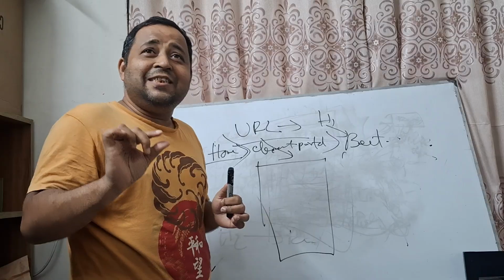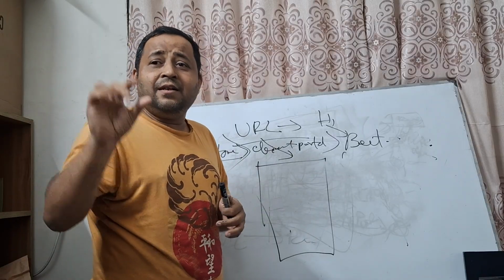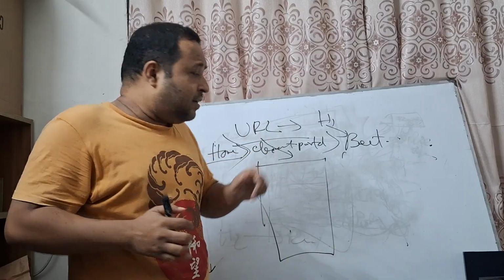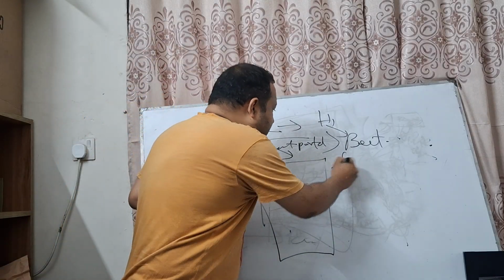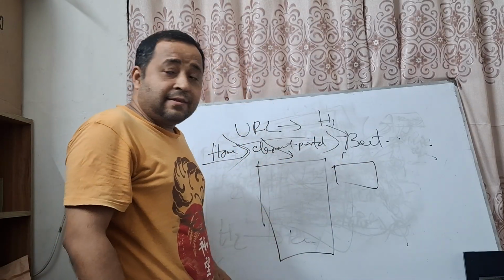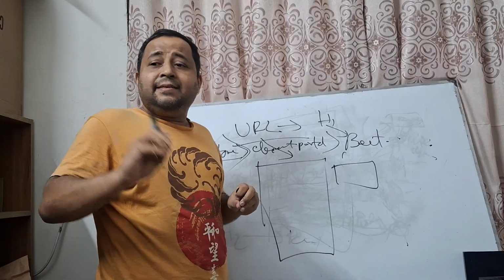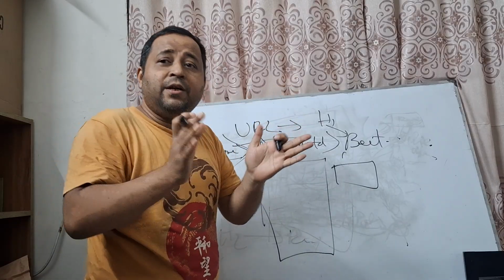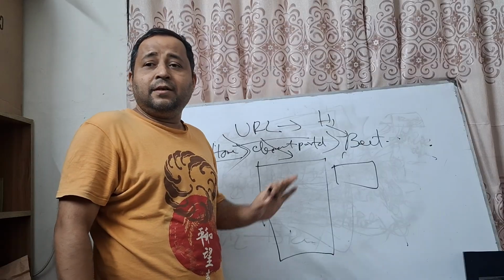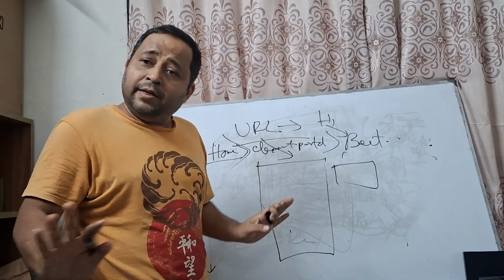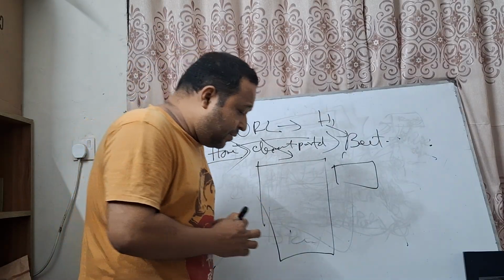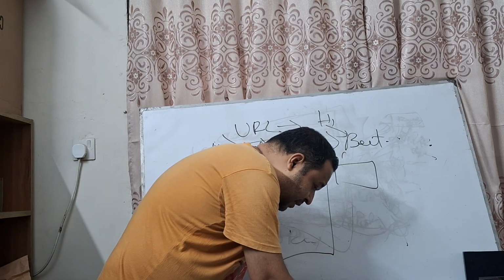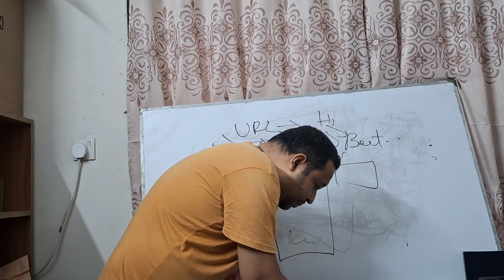It is about 160 characters, and in this description we'll try to give a summary of the web page. Got it? So there is the title, meta description, URL, page summary.